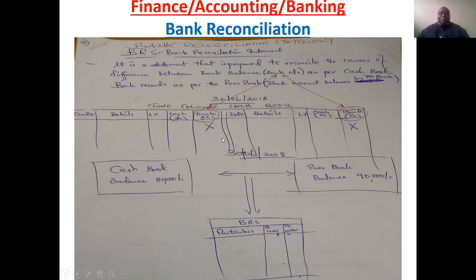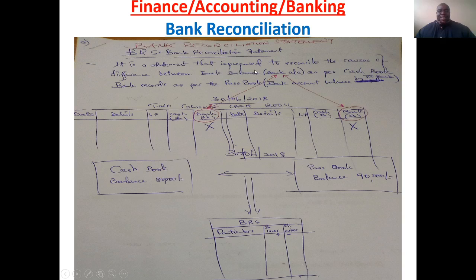These two accounts may have differences in terms of the amounts held in them, because there are some transactions that may be late to be recorded in the cash book but recorded in the bank, and some transactions that may be recorded in the cash book and not recorded in the bank account in time. So that necessitates that we open a bank reconciliation statement.